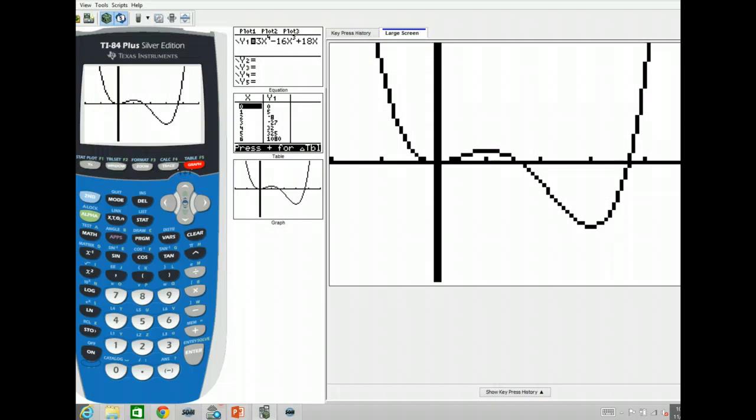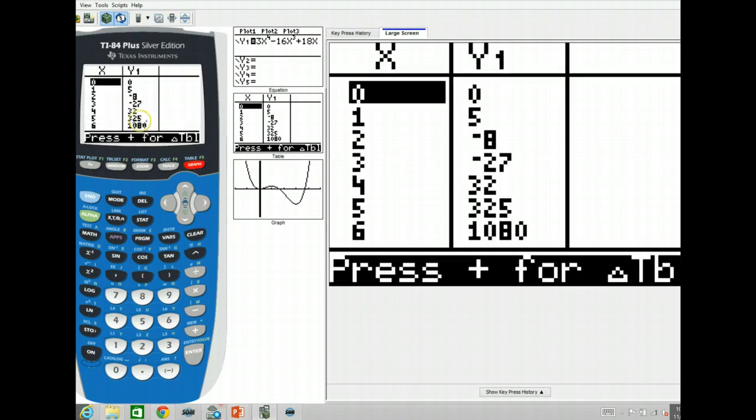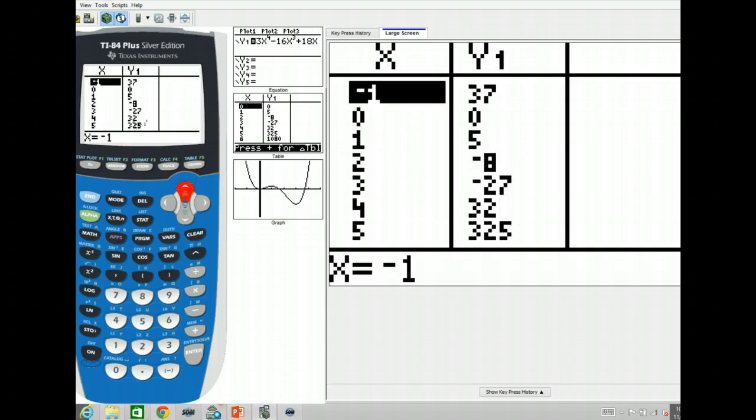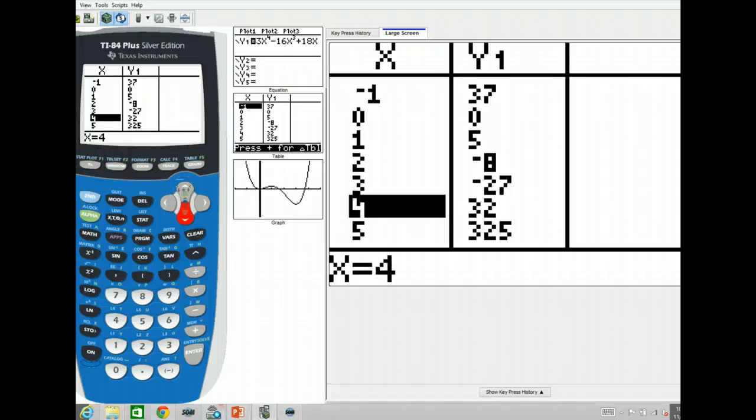All right. They asked me to look at this from -1 to +4. So this is going to be a closed interval. So if I wanted to, I could either use my table feature to figure out that at -1, my y value is 37, and at +4, my y value is 32.